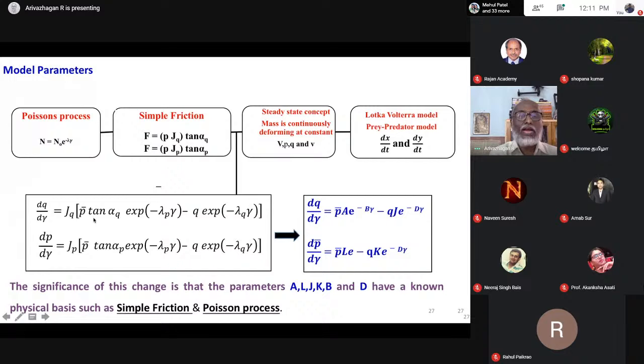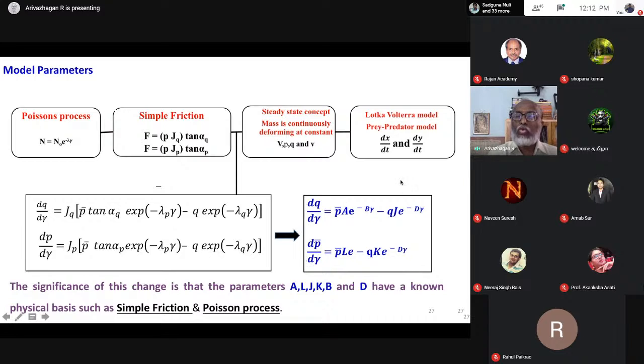JQ tan alpha Q, I replace as A. Then Q as it is, JQ as J. Like that, JP P dash as it is, JP tan alpha P as L, then JP as K. Then the exponential constant minus lambda P as B, then minus lambda Q as D. So I now replace the 6 terms by 6 parameters A, L, J, K, B, and D.